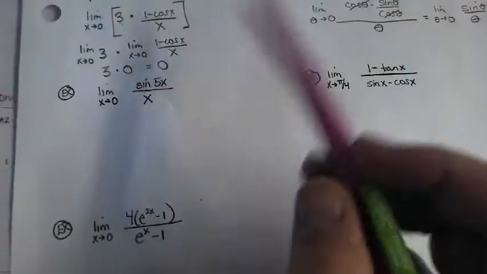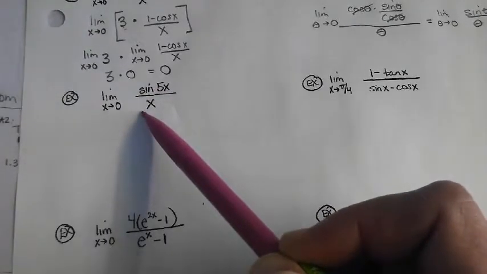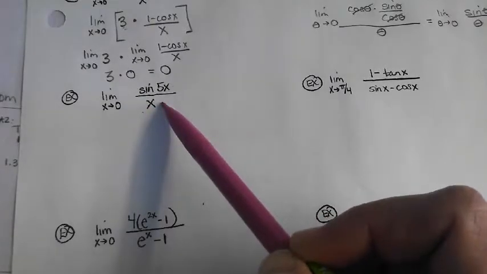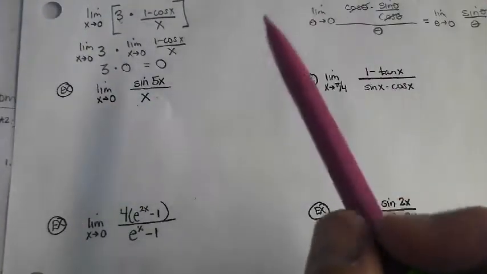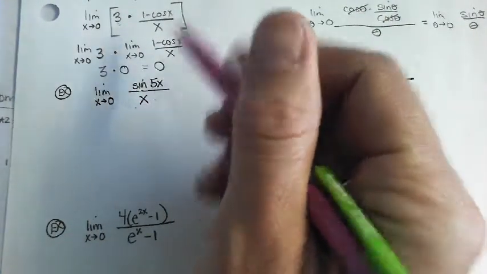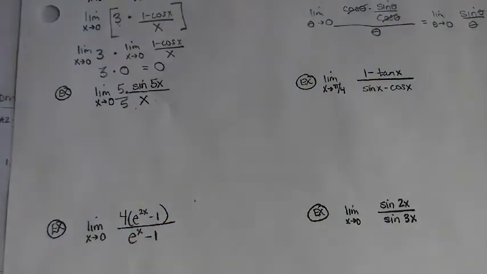So the denominator would need to be a 5x. It would need to be sine of 5x over 5x. You can't just make it a 5x because you're changing the function, but you can always multiply by 5 over 5. You can always multiply by 1 and change the appearance without changing the value.